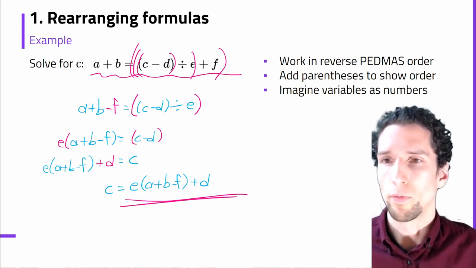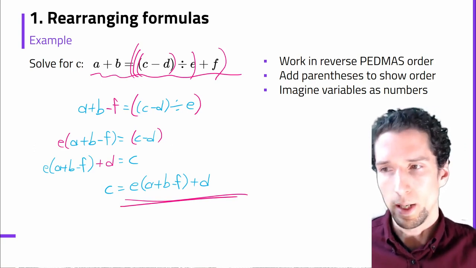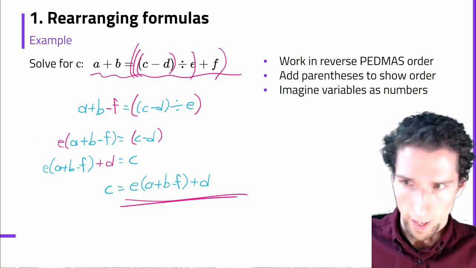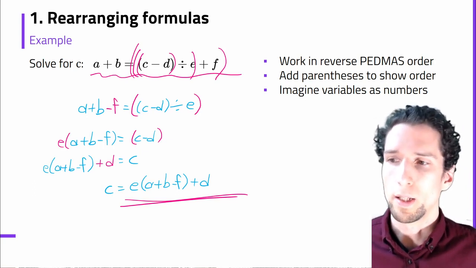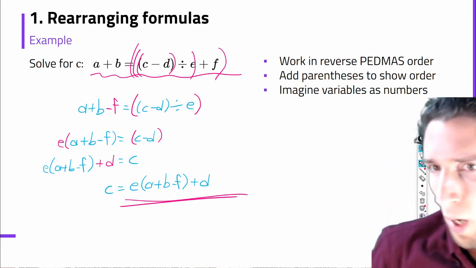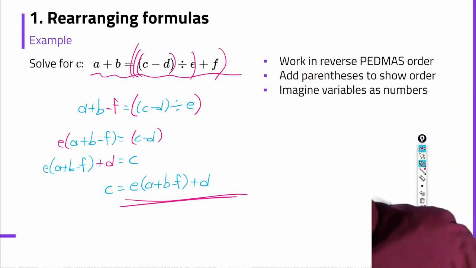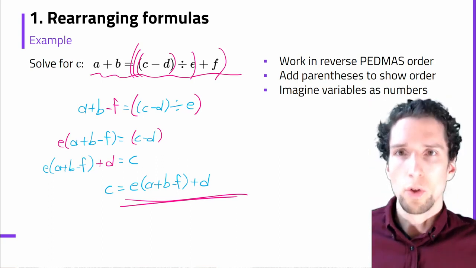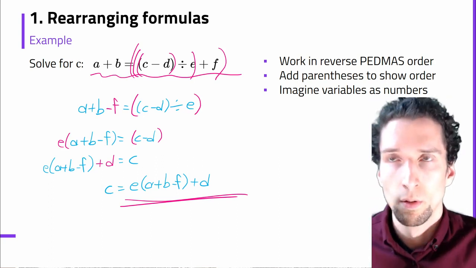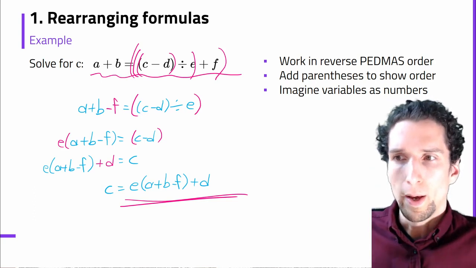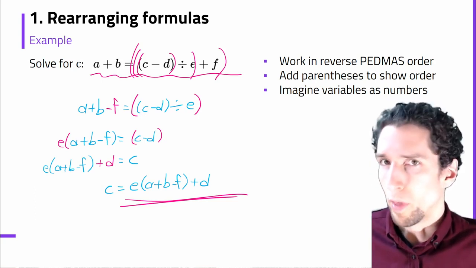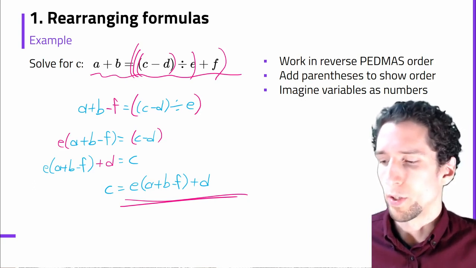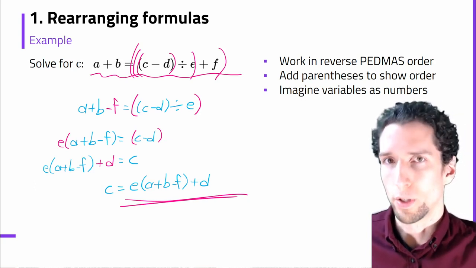So again, if this is a formula and we know what E and A and B and F and D are, then we can calculate what C will be. If this kind of question is confusing for you, hopefully moving things from one side to the other is not that confusing. It's just about when or what things go first.